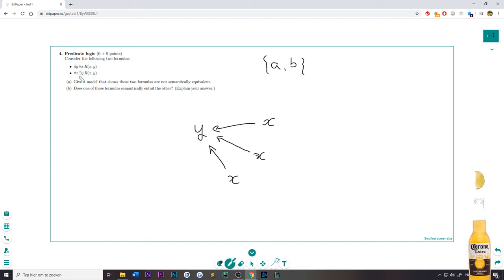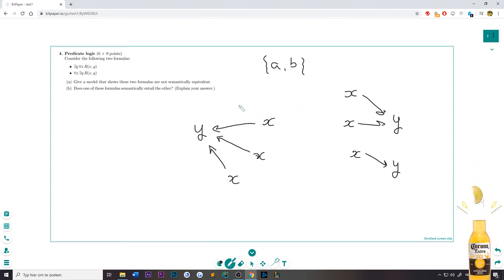The second formula is saying that for all x, there is a y such that x relates to y. So for all x, there is a y that they relate to, but it doesn't have to be the same one, right? And so clearly you can see that these models already look different.